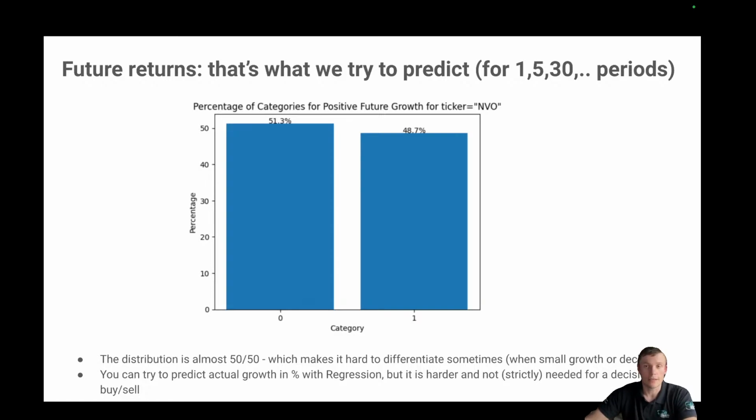Or in our case, we can predict for 1 day, 5 days, 30 days. I try to select something which is not too short, which is not 1 day because it can be too volatile, but which is not too long as well. If I predict 1 year in advance, I might not have enough data to check whether my strategy is working well.